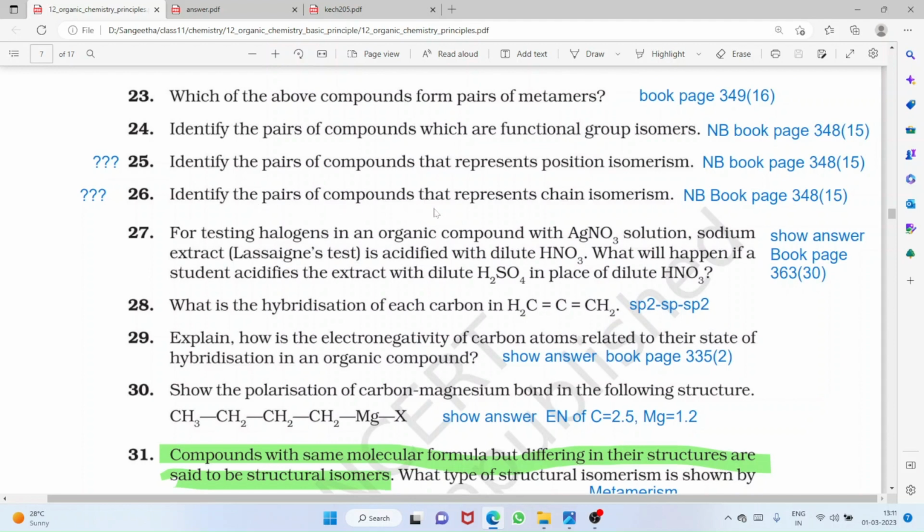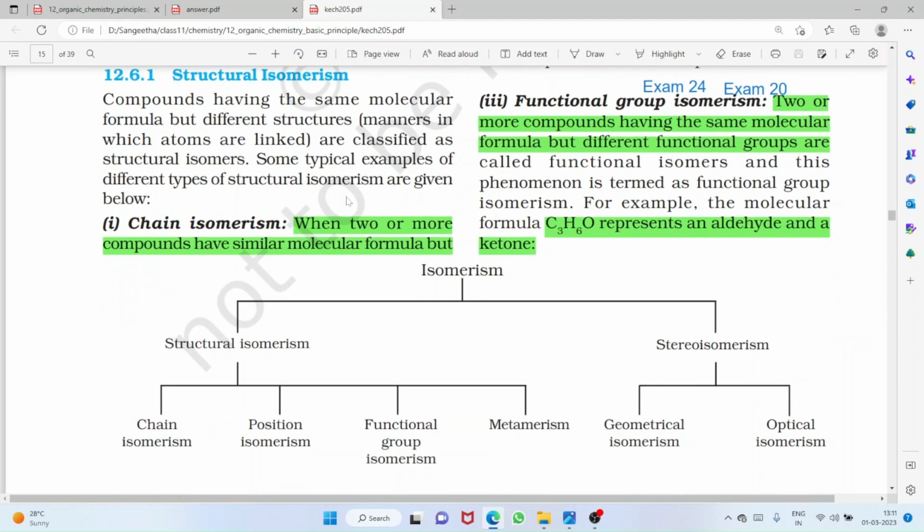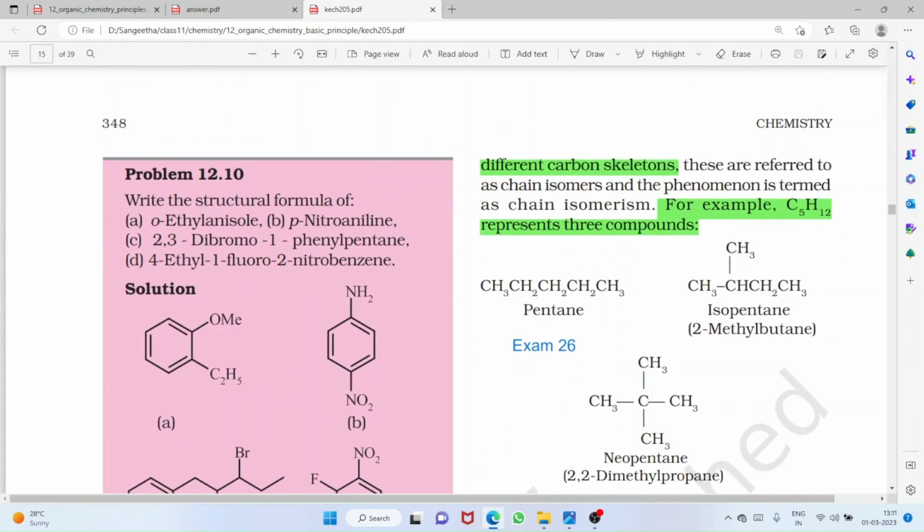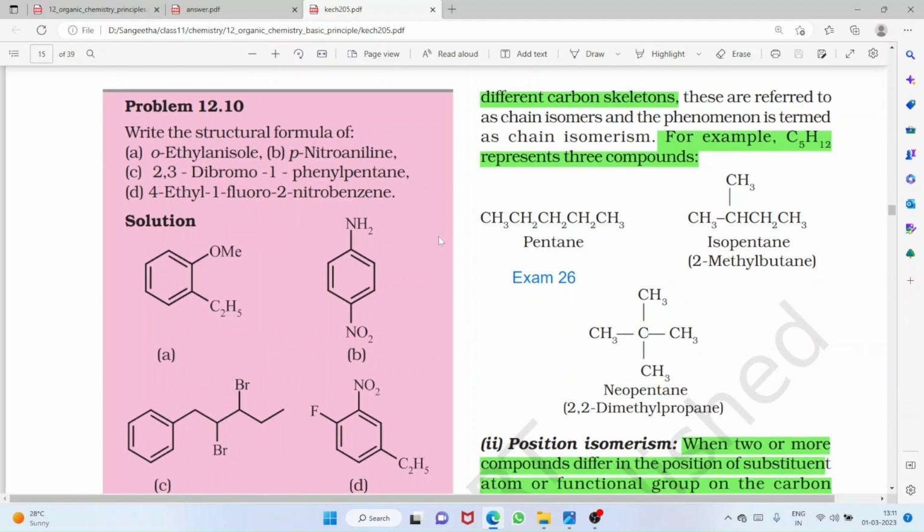Identify the pair of components that represent chain isomers. Chain isomerism: when two or more compounds have the same molecular formula but different carbon skeletons. In the main chain, they have a different carbon skeleton.